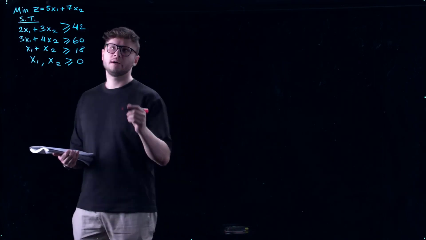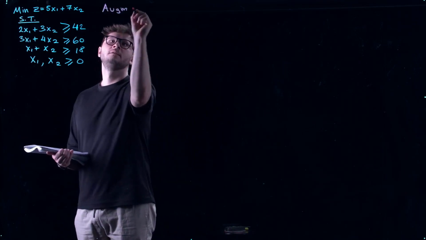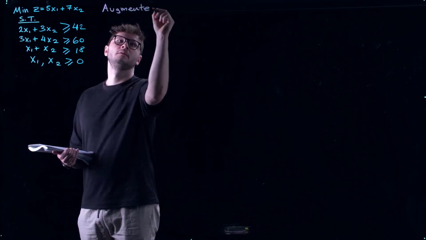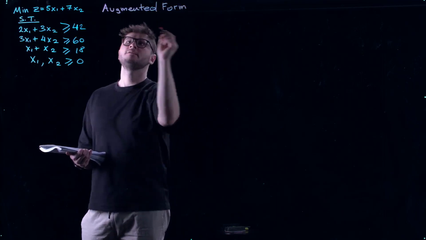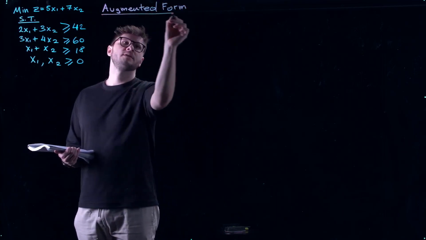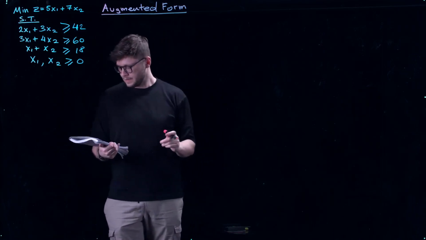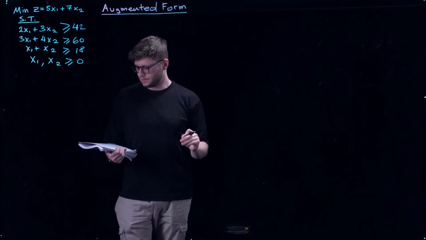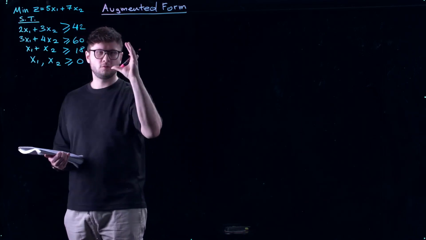So our first step, as usual, is to get the augmented form. If you watched our previous video on maximization and the simplex method, you will be very familiar with this. In the augmented form, we want to turn these inequalities into equalities.